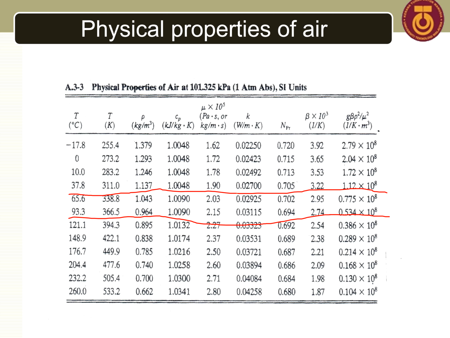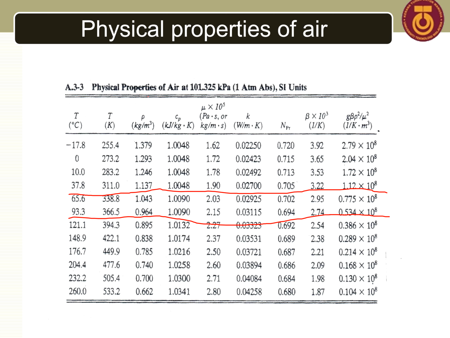And then you should interpolate. For CP, you don't need to interpolate, right? Because the value is the same. For density, you need to interpolate because the value is different. The thermal conductivity you also need to interpolate, and also the value for Prandtl number. The other two values are not of interest for your calculation.